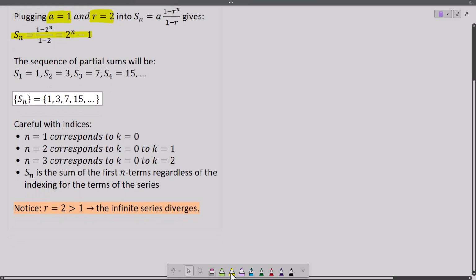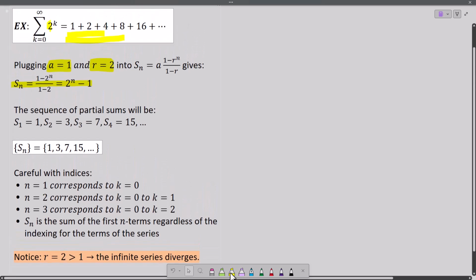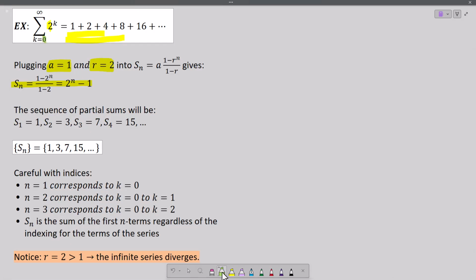So we have to be careful here. Let's take a look, especially with the geometric series, because 99% of the time with the geometric series, we are starting with 0, not 1. Because it's just easier with the formulas. So S sub 1 is 1. That's A sub 0.